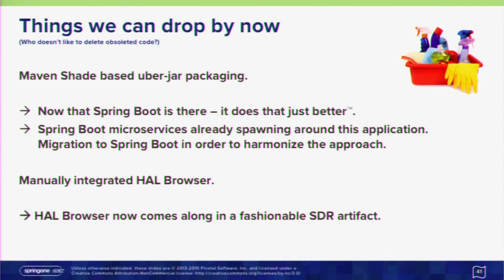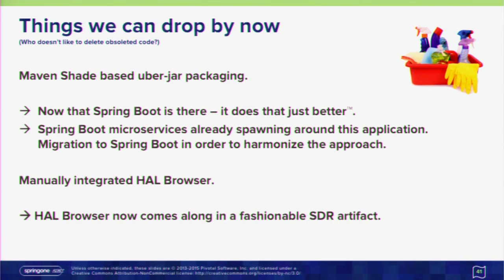So we will definitely make that little step and migrate to Spring Boot. In the meantime, we spawned several Spring Boot-based microservices in our backend, also within the vicinity of that product. So it will prove worthwhile to have this application also on the fundamentals of Spring Boot.